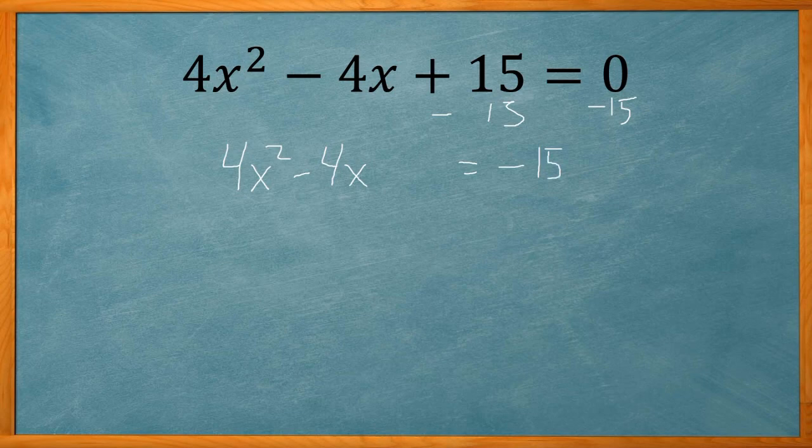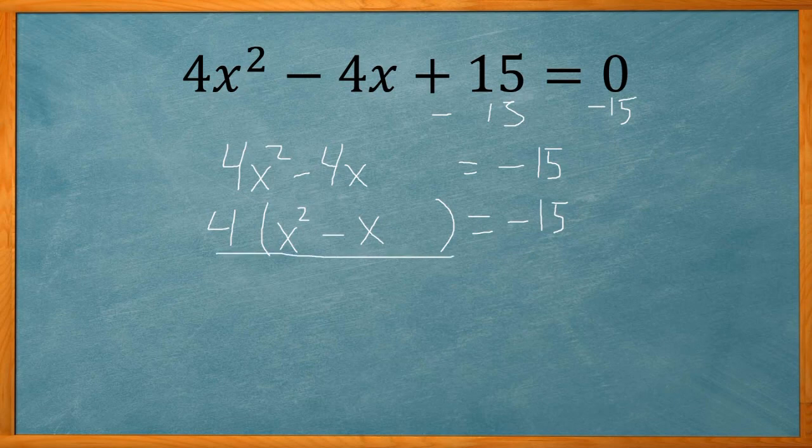Okay, so from here I want to factor out the 4. I factor out the 4 on the outside, with x squared minus x on the inside. Bring everything else down. Now from there I can divide both sides by 4.